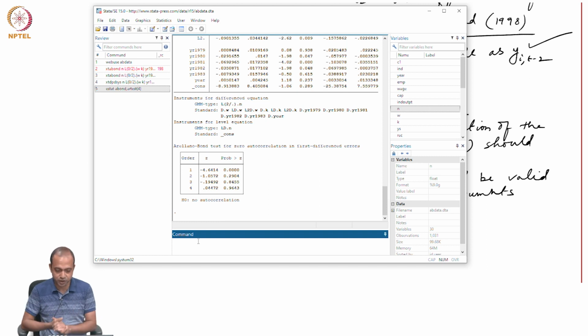That is what this particular result shows. My null hypothesis is no autocorrelation. So, I can reject my null hypothesis only for order 1, which indicates the presence of first order autocorrelation, but the null hypothesis of no autocorrelation cannot be rejected for second, third and fourth order autocorrelation.